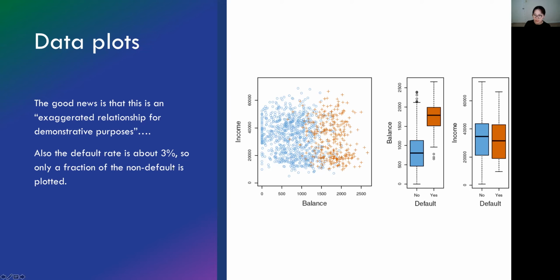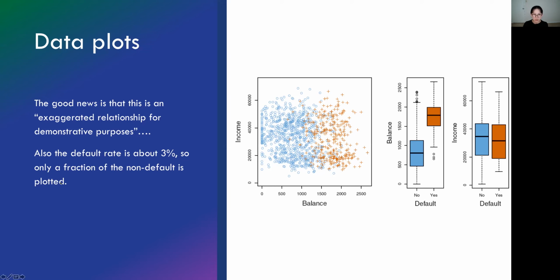For this particular data set, the default rate is about 3%. So it's a very small percentage of the data set that has the result being default.